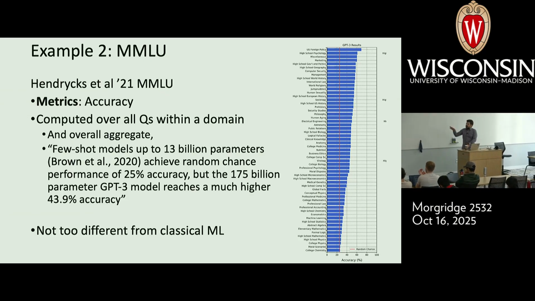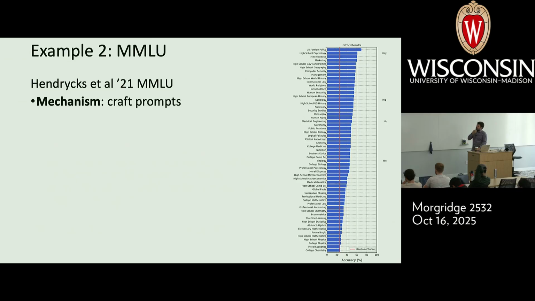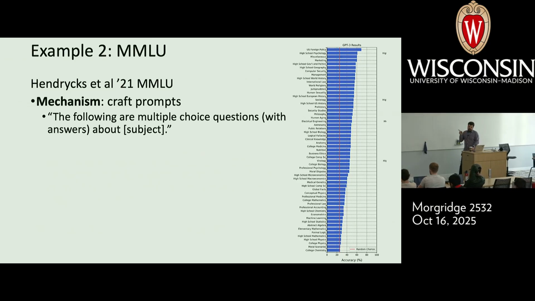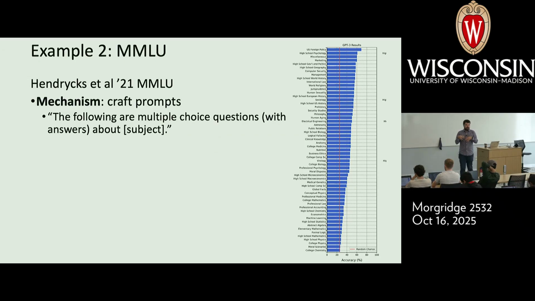All right, so this so far, at least, is accuracy. So this is really very similar to classical ML. And that's why for a long time, multiple choice was really preferred for question answering type stuff. OK, so let's see some of the details of how you actually create the mechanism. The first thing you're going to have to do is craft prompts that you give to the model. This is the information that comes in addition to the actual question itself, right?